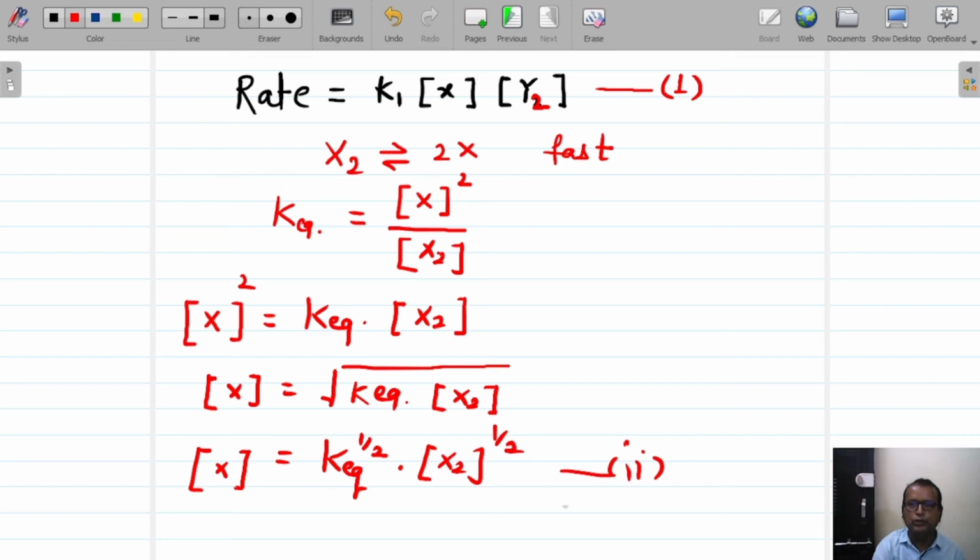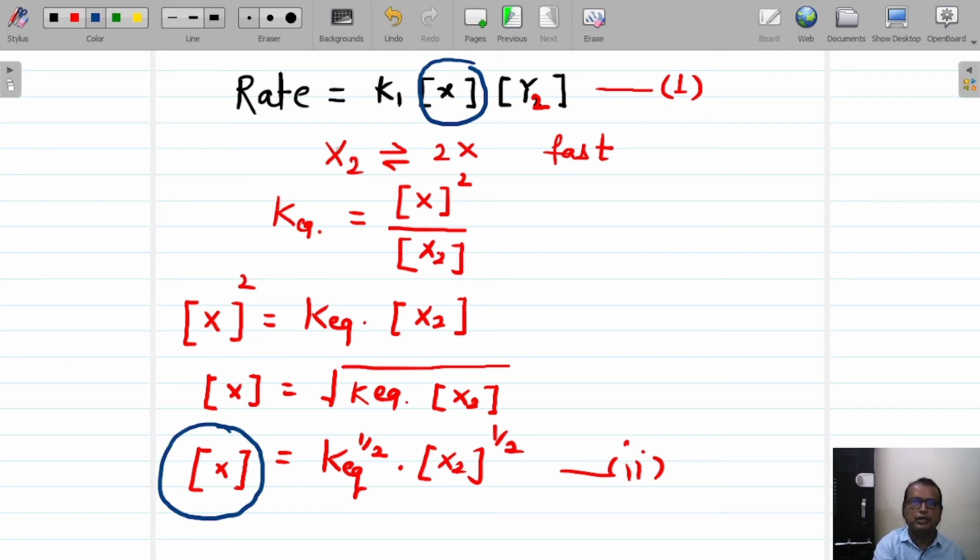Put this value of equation number 2 in equation number 1. This value of concentration of X, because we want to determine the rate order, you must replace it with this value.